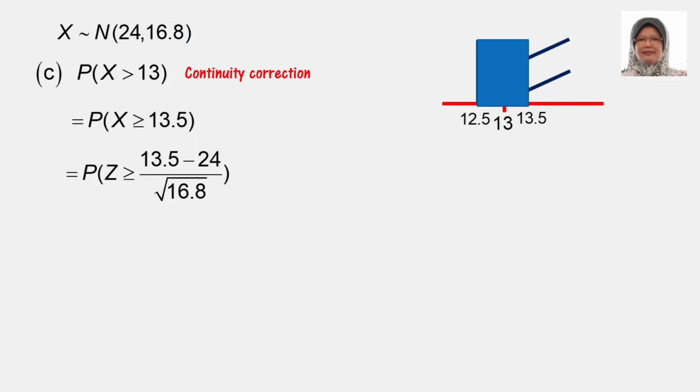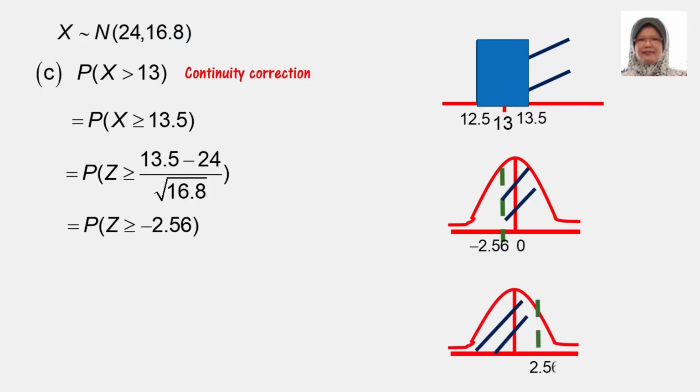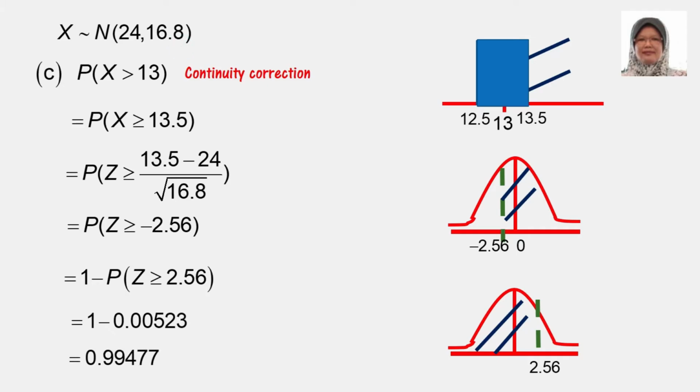Change to Z. We get P(Z greater than or equal to negative 2.56), and picture-wise, we change to the right side. So the answer is 1 minus P(Z greater than or equal to 2.56), and we get 0.99477 as the answer.